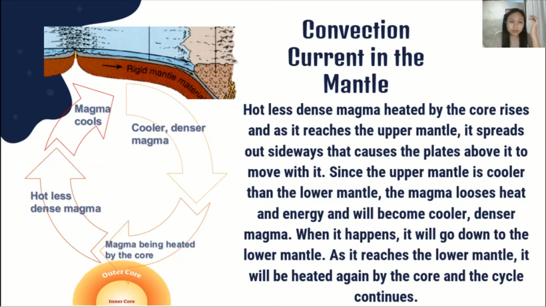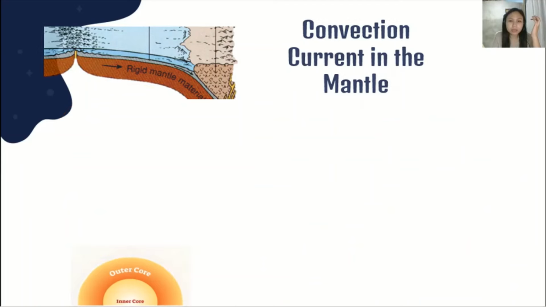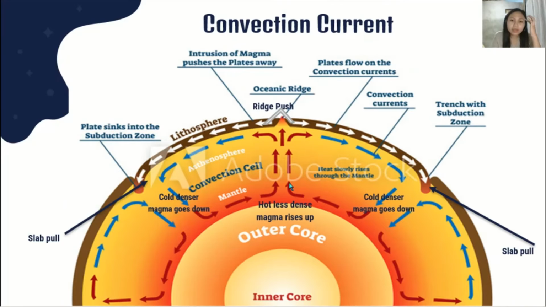Why? Because, again, balik tayo. When the magma rises up, diba, new ocean floor is being produced. When a new ocean floor is being produced, on the other part of the world, we have here the subduction or the destruction of plates.